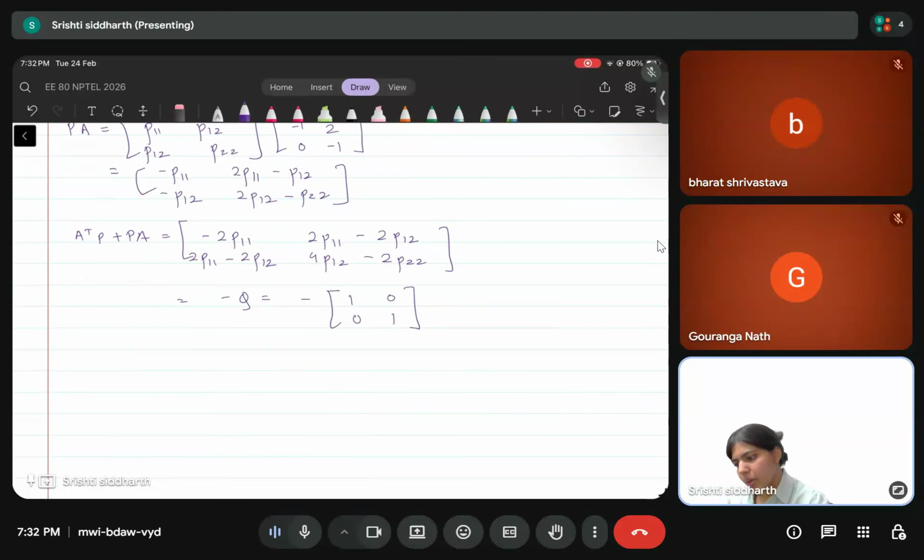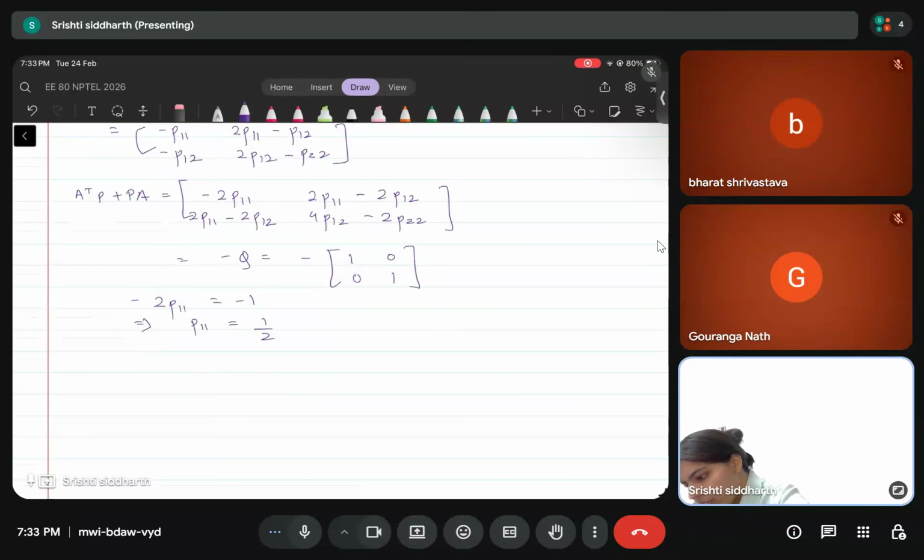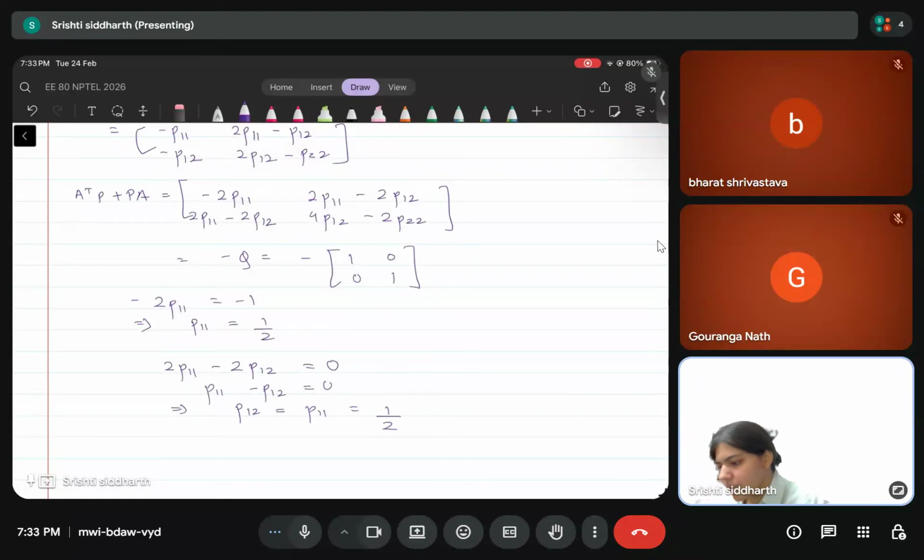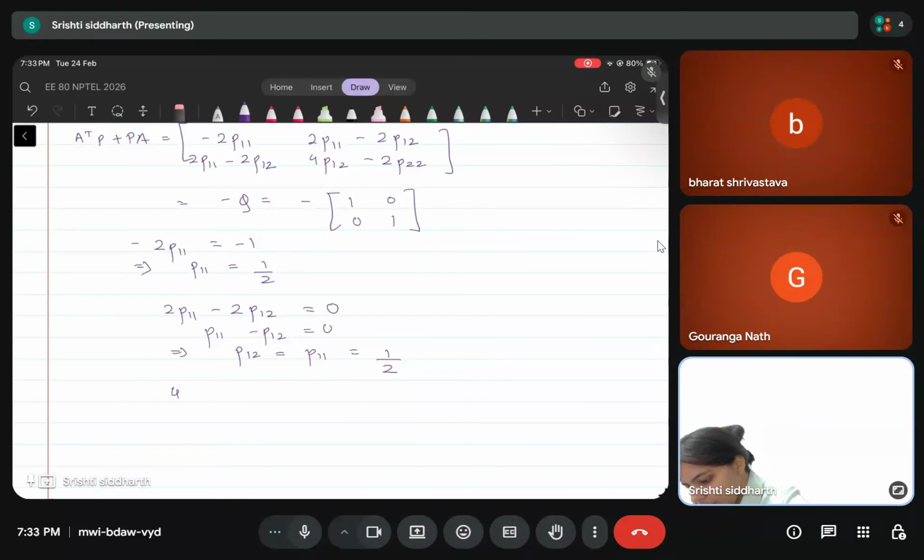Okay, so I think we have three equations. The first one is minus 2P11 equals minus 1, which implies P11 is half. Then we have 2P11 minus 2P12 equals 0. This implies that P12 is P11, which is half. And the last equation is 4P12 minus 2P22 equals minus 1.